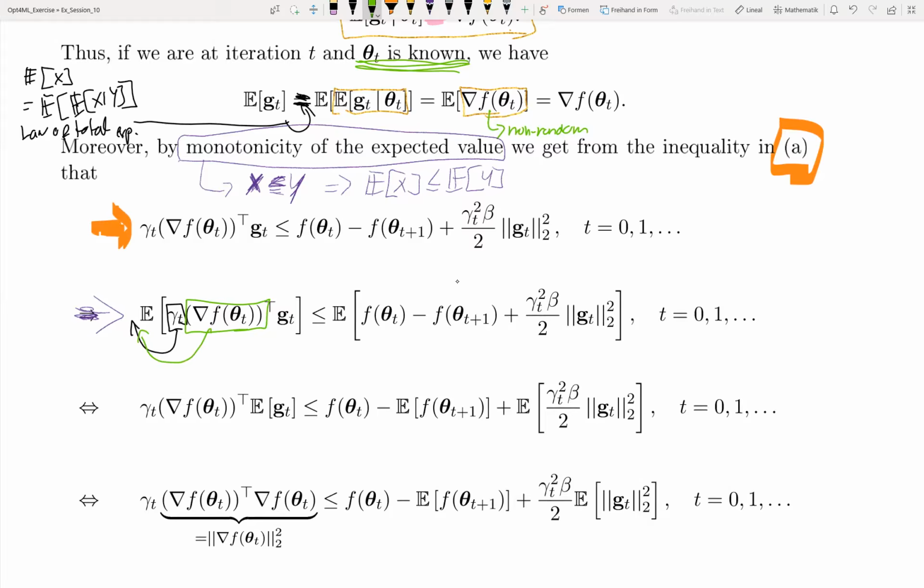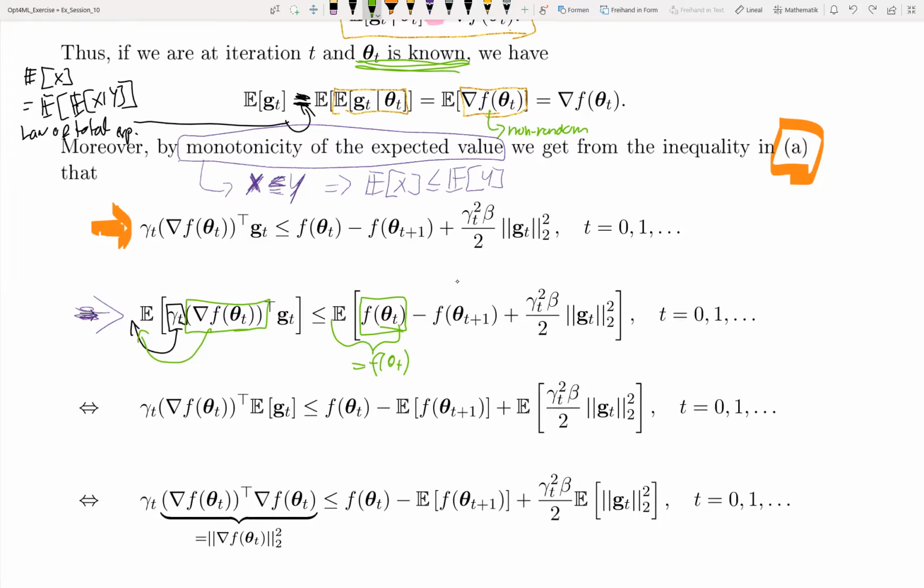Similar things happen on the right-hand side, non-random. So first of all, of course, we have here a sum structure. We can decompose it into the expected values of the individual things. The individual thing here, with the f theta t, this is non-random. So with the expected value, it stays f of theta t, which we have here as well.